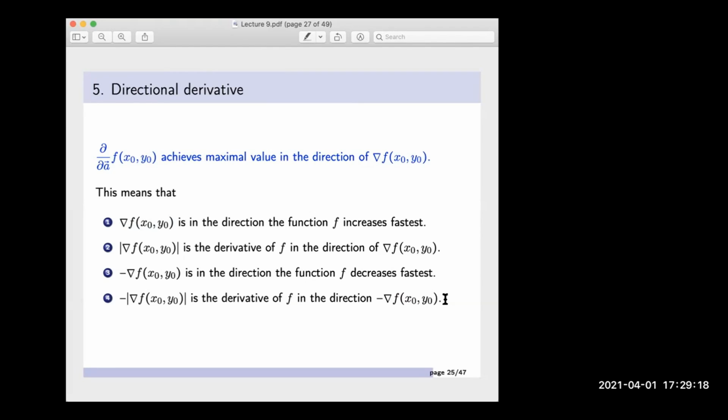So this is the geometric meaning of a gradient. It's a vector. Its direction and its length both have geometric meaning.